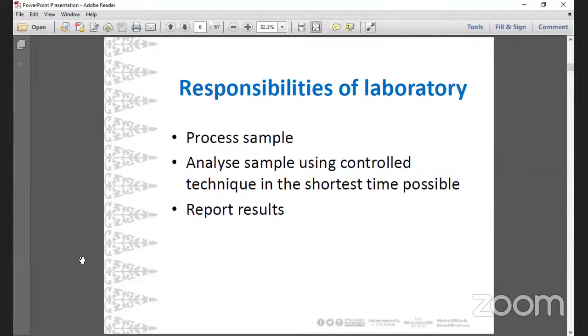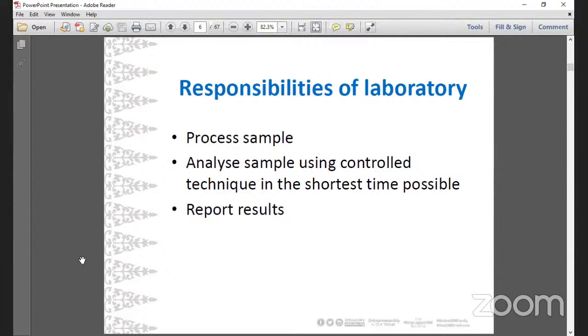So what are the responsibilities of the laboratory? Some animal clinics have their own blood machine and urine analyzer. But some of the clinics need to submit the samples to a private laboratory or a government-based laboratory in order to do a diagnosis for the clinical community.